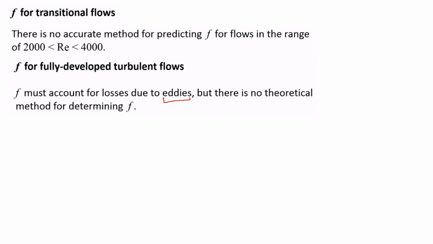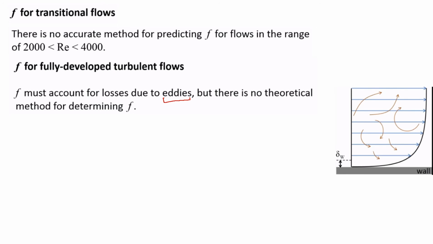So as you know, this is the velocity profile for our turbulent flow, and there is a viscous sublayer, a laminar layer near the wall of the pipe. This is represented as delta w, and the eddies are actually generated in this region right here, and it depends on the roughness of the pipe, because we know that the friction factor is a function of Reynolds number and the relative roughness of the pipe, epsilon over d.